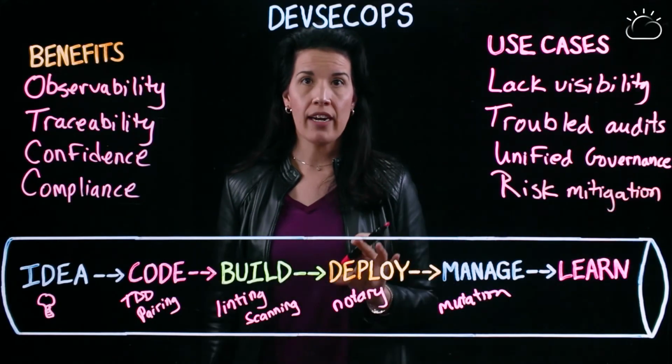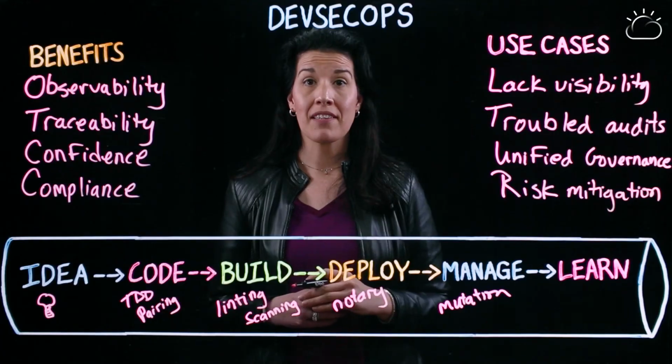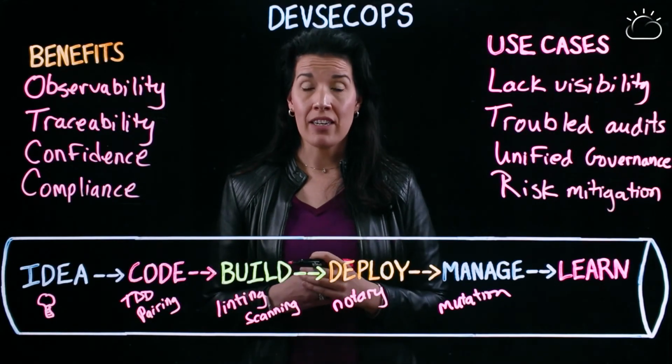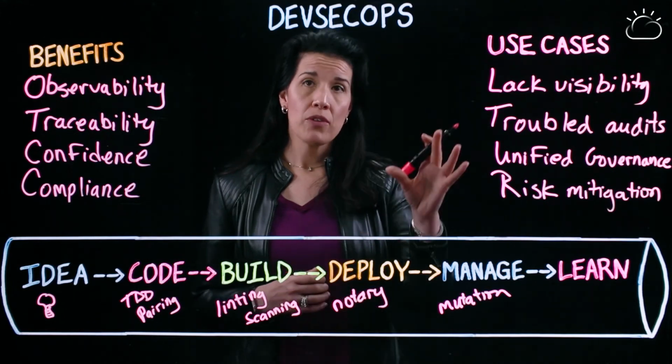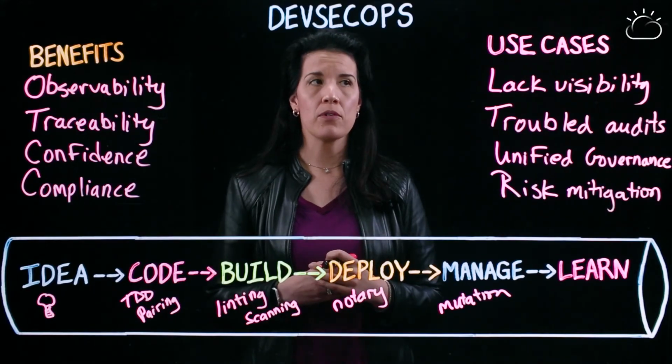Are we doing the right kind of activities throughout this pipeline to mitigate the risk of getting our digital reputation in trouble at an enterprise level? So these are the use cases for employing some of these DevSecOps principles.